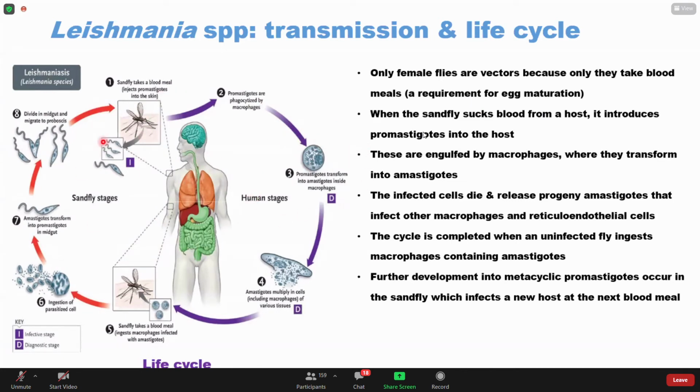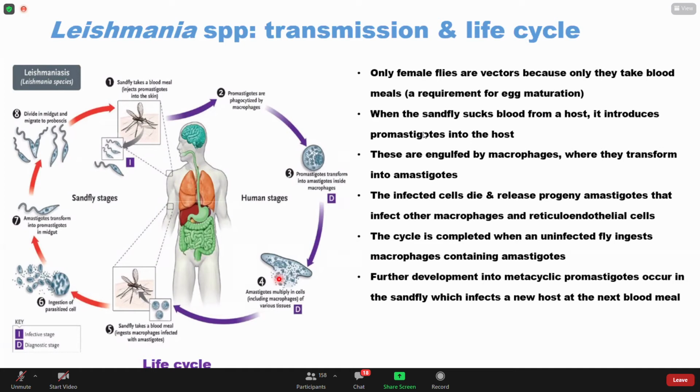So the promastigotes are motile, they have flagellum, and once they are inoculated into the skin, they are mopped up by the macrophages. Unfortunately, the macrophages cannot destroy the parasites because the parasites prevent the fusion of the lysosomes with the phagosomes. So instead of the macrophages destroying these parasites, they actually serve as the source of nutrients.